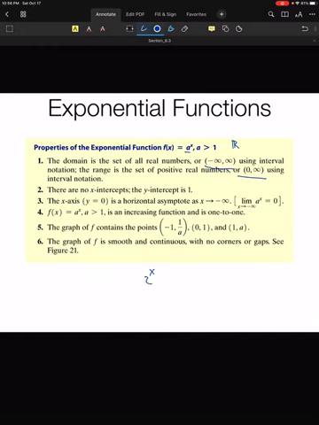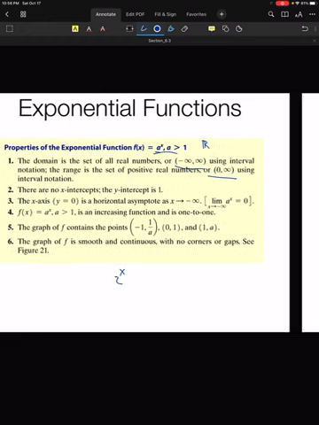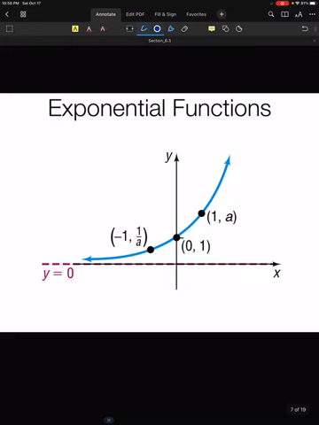Okay, and so that's a lot of information, but what does an exponential function that fits this form actually look like? Well, it looks like this. So you have your x and y axes, and as the properties say, the 3 points that you really need to use to graph these are 0, 1, then 1, a, and then -1, 1 over a. And so you'll see, as it said, it's always increasing, so it's always going up.